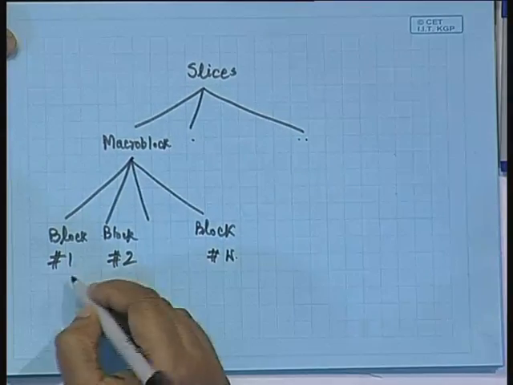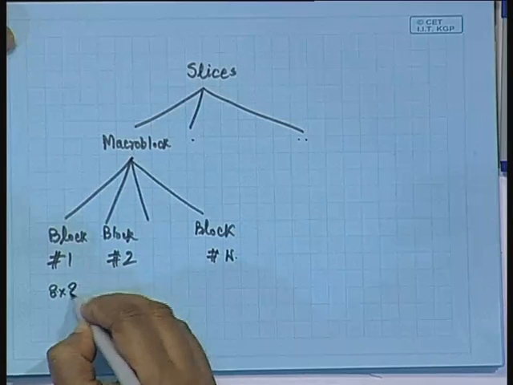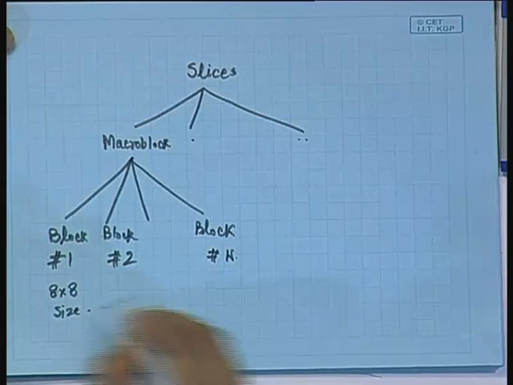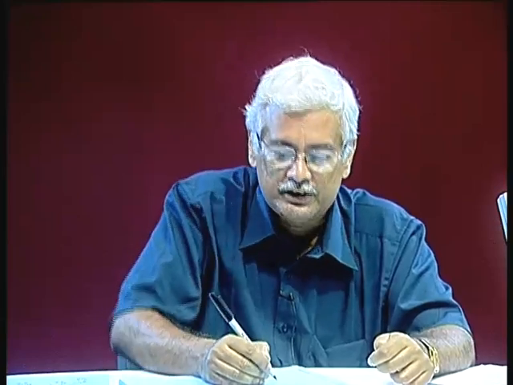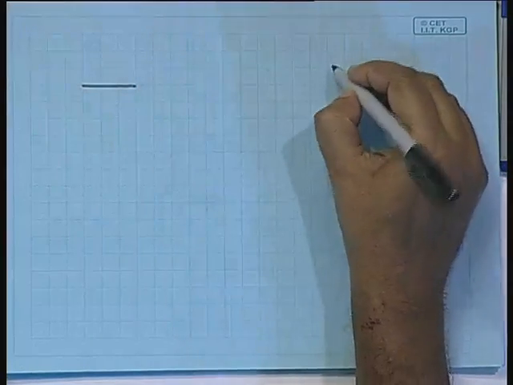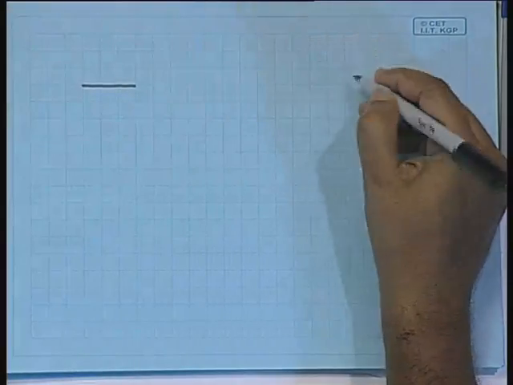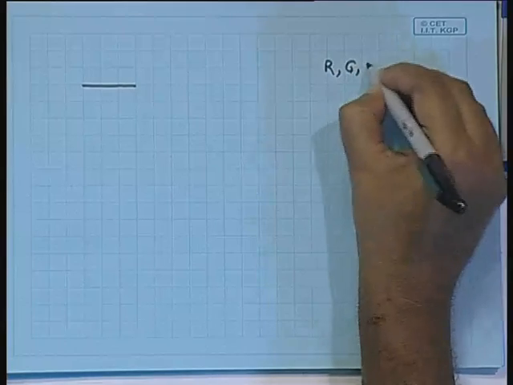Basically, if I take every block to be 8 by 8 in size, then whenever one has a colored image, the color image can be represented in two formats. One format is RGB.